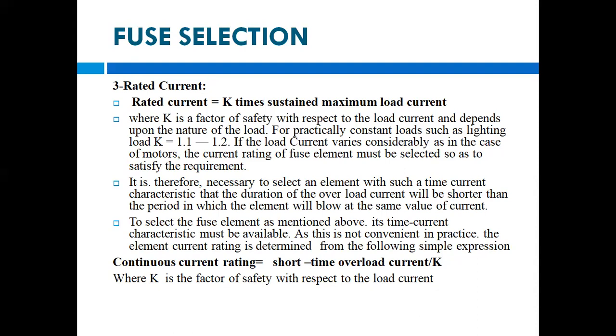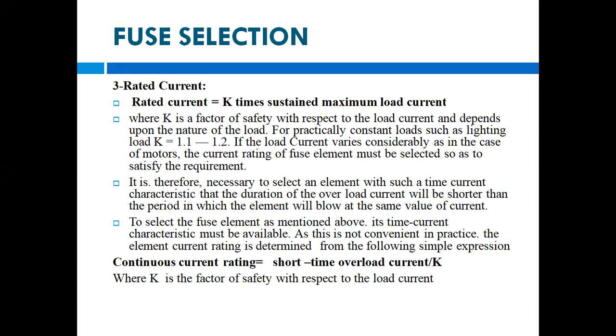So this rated current is K times the sustained maximum load current. K varies from 1.1 to 1.2 for normal, that is constant loads. And if the load current increases, it will affect the rated current.